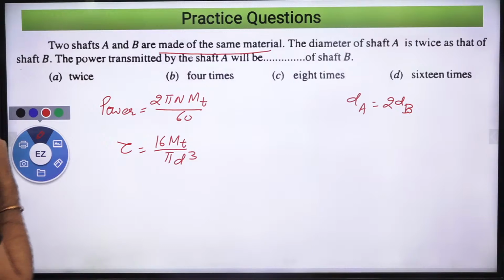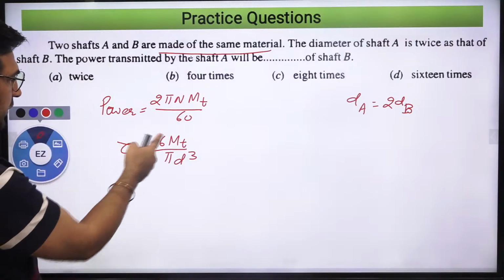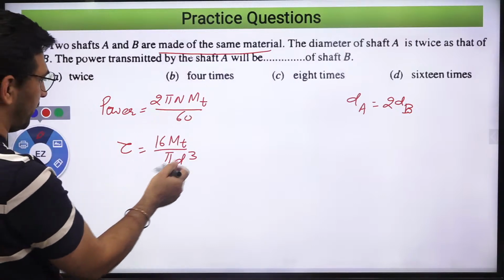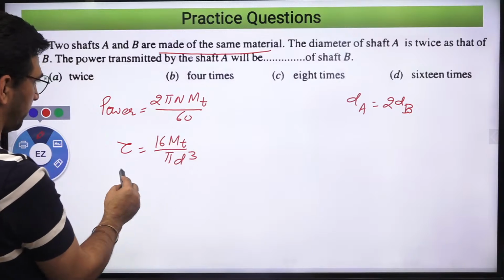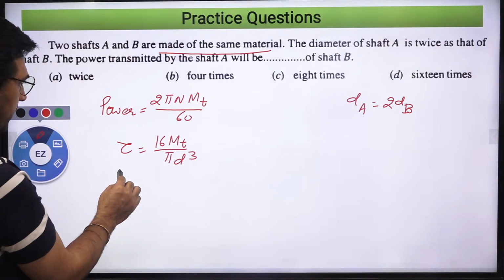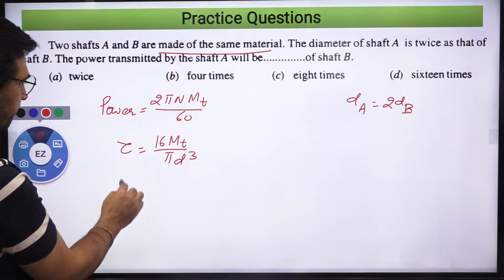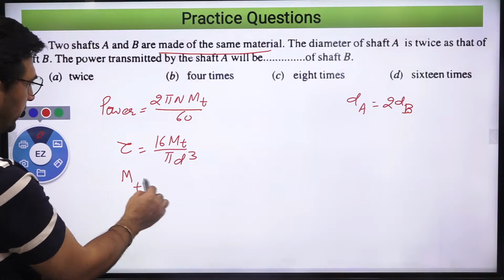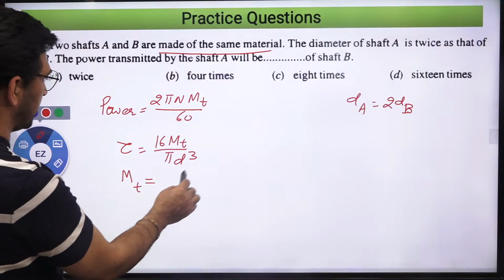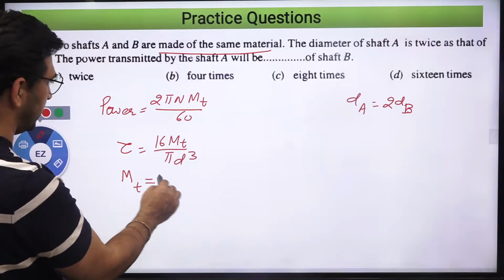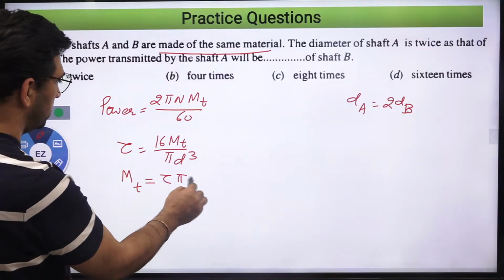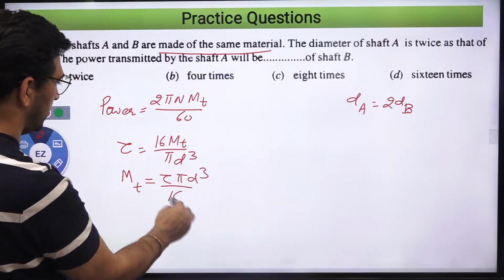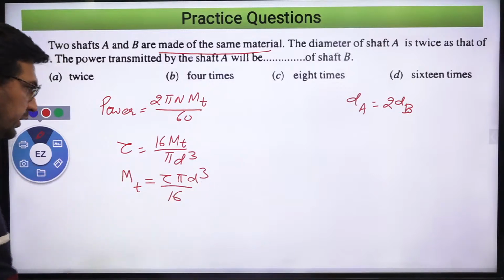So how can I find out this torque, because I have to find out the power. If I can somehow find out this value, then I can find out torque from here. It depends upon d. Torque is pi d cube divided by 16, so it is directly proportional to d cube.